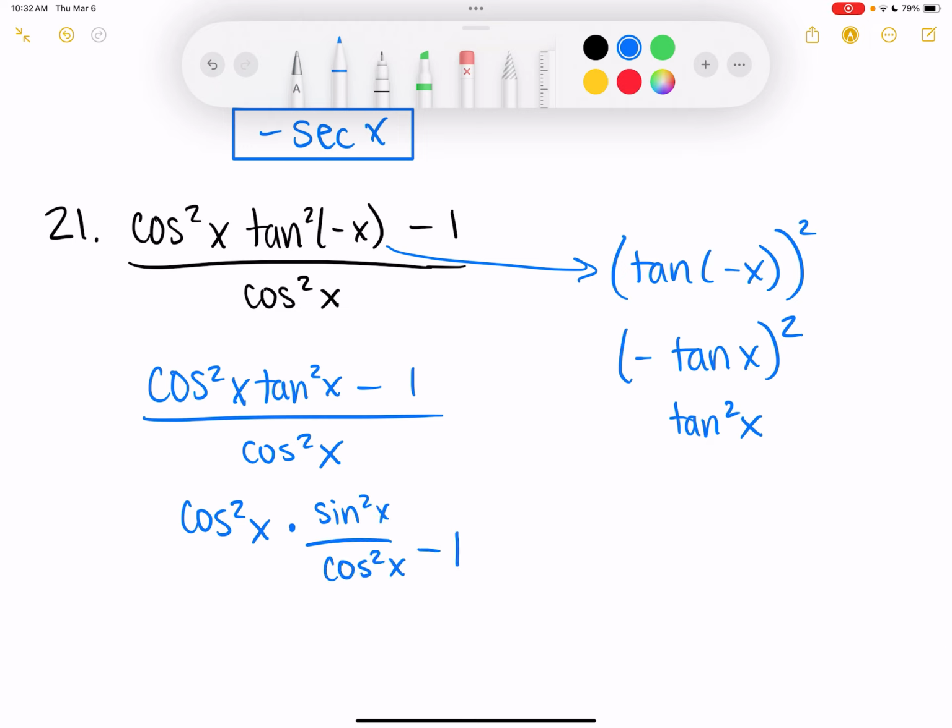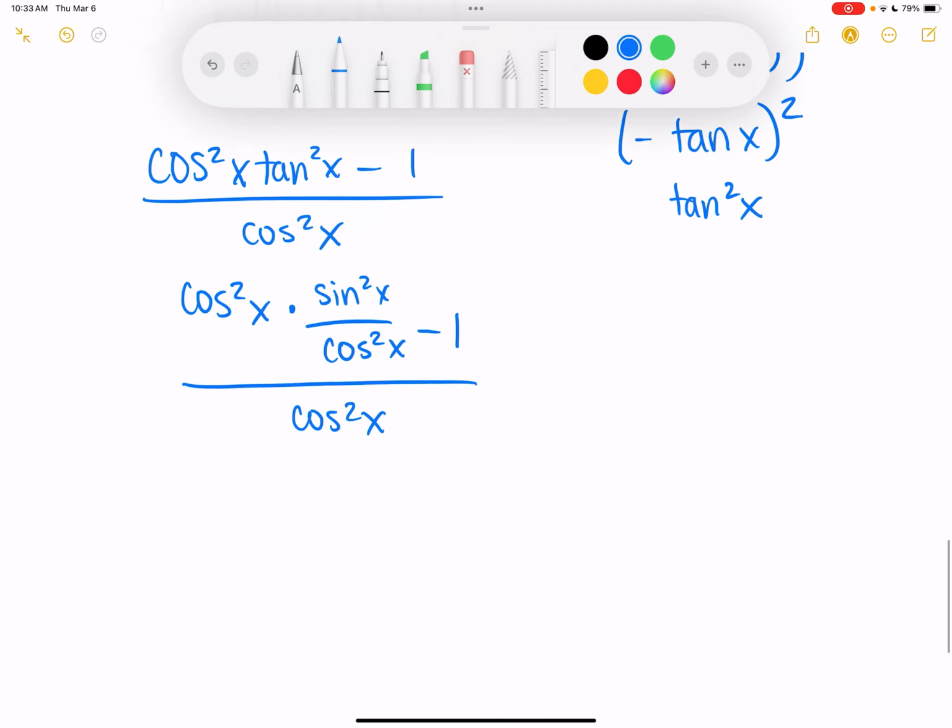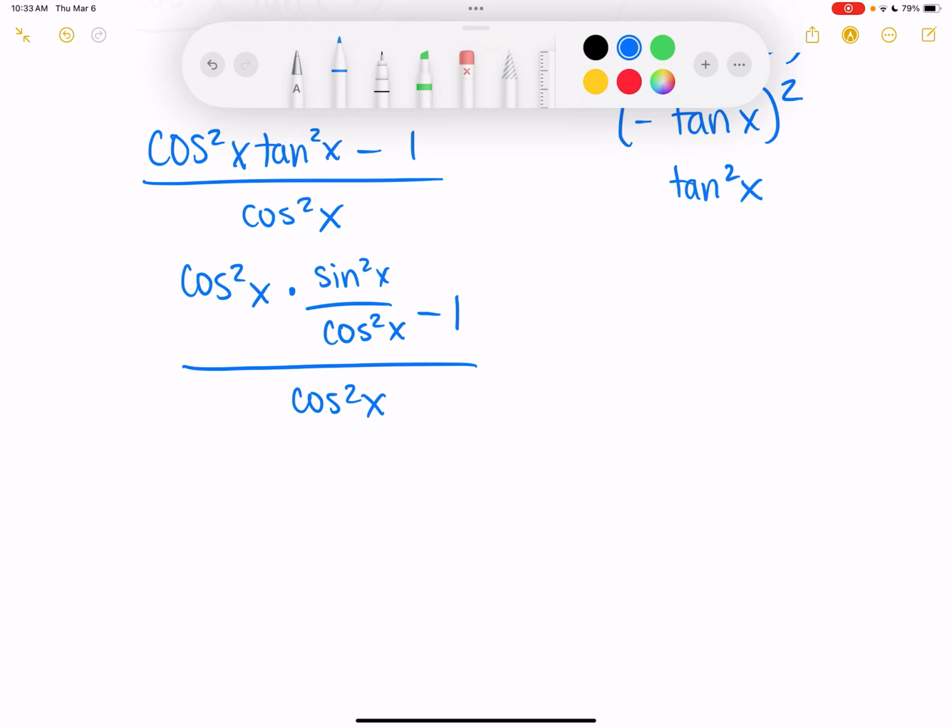I thought tangent was cosine over sine. That's cotangent. Tangent is sine over cosine. The way I remember it is cotangent starts with cosine. Co and co.